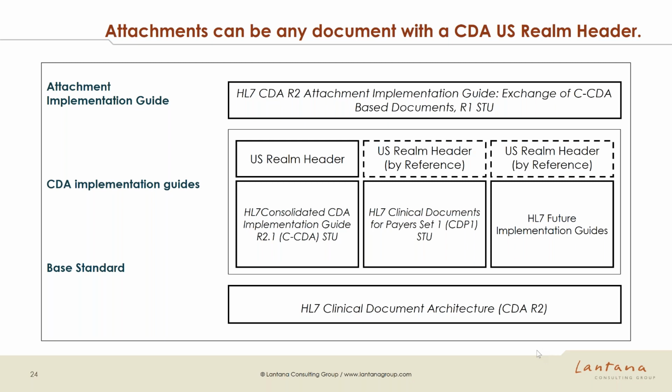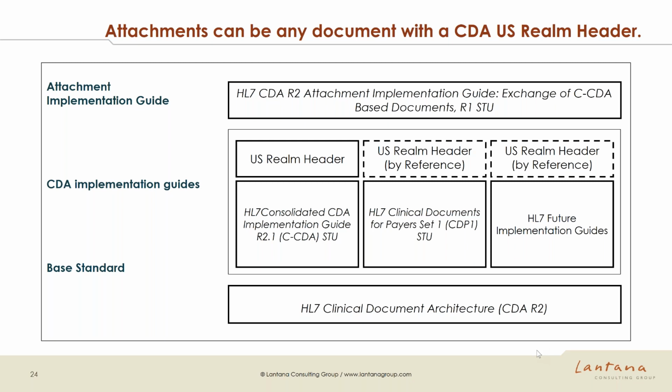The US Realm header was defined in the CCDA, or Consolidated CDA specification. CCDA is an implementation guide that's been through several versions. The most current one is release 2.1. But there are other implementation guides, such as those listed here, that reference the US Realm header from CCDA. And so once they do that, they also become legal attachment guides.